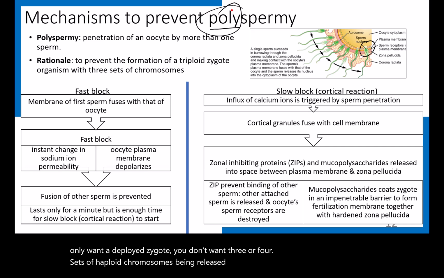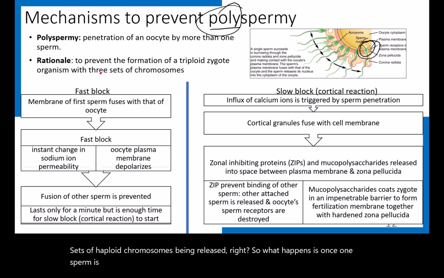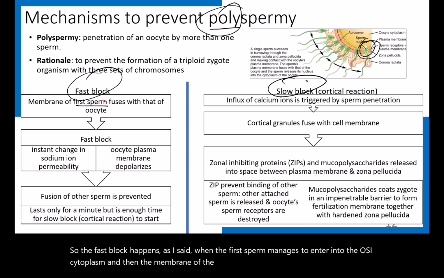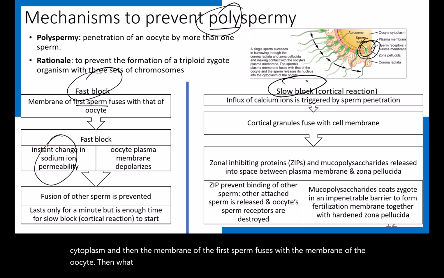So once one sperm is successful, you've got the fast block and the slow block. The fast block happens, as I said, when the first sperm manages to enter into the oocyte cytoplasm, and then the membrane of the first sperm fuses with the membrane of the oocyte. Then you have an instant change in the sodium ion permeability.